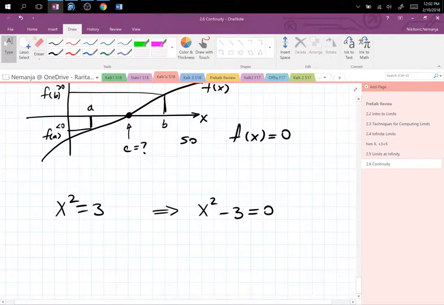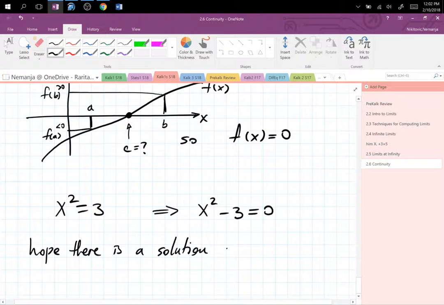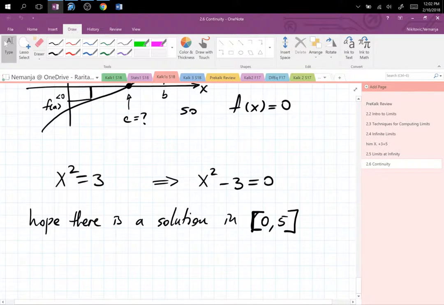Well, you can say, I hope there is a solution in 0 to 5. Let's check.